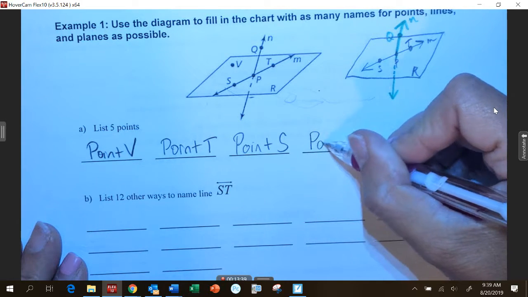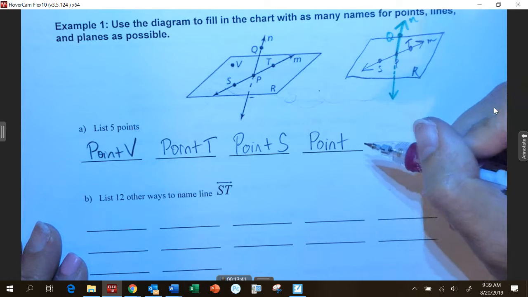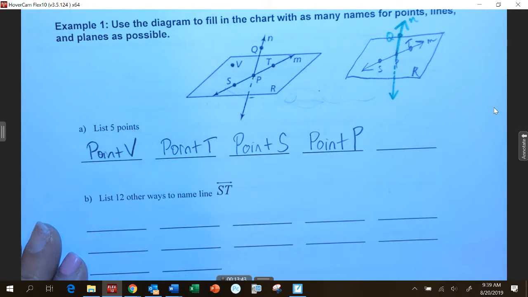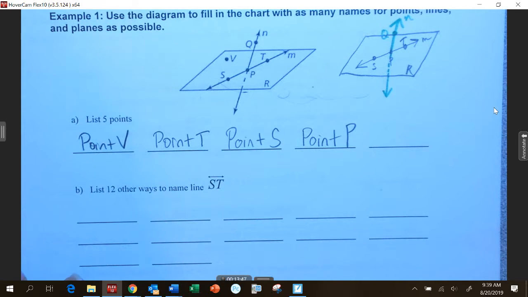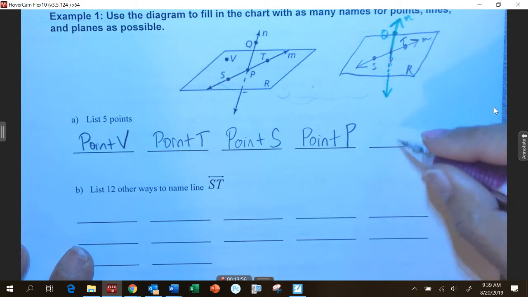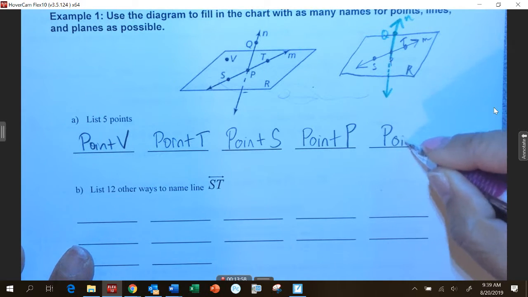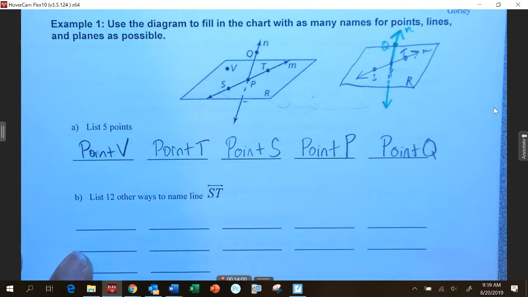I heard point, I could not understand the letter. P, yes, okay. Alright, here's the tricky one. Alex, can you find the last one? That is correct, point Q. Why was point Q a little bit harder? Because it was not on the plane. But that's okay, it's still a point in the picture.